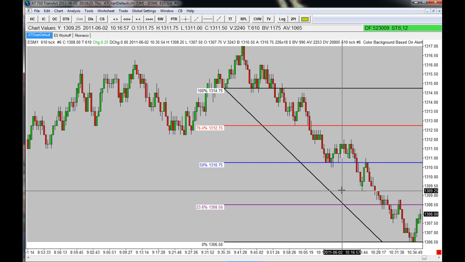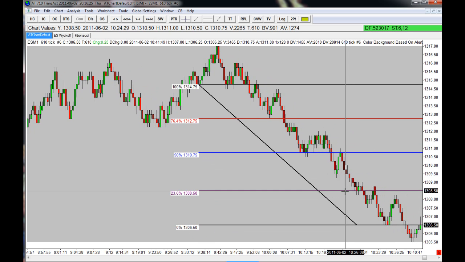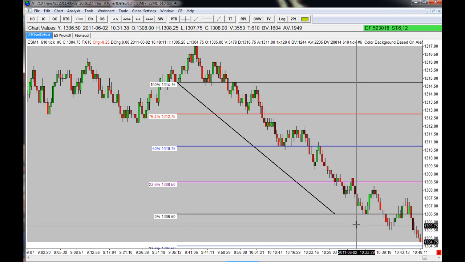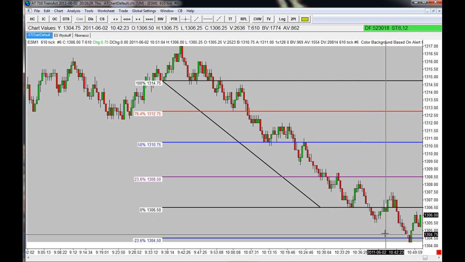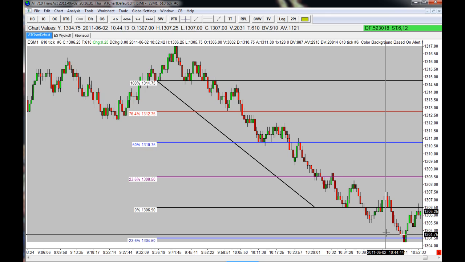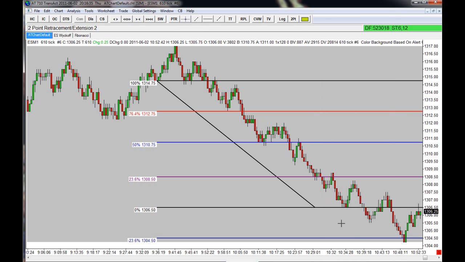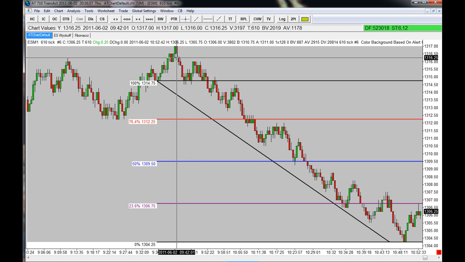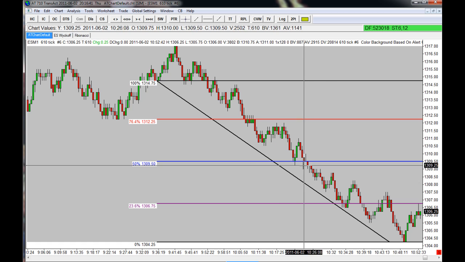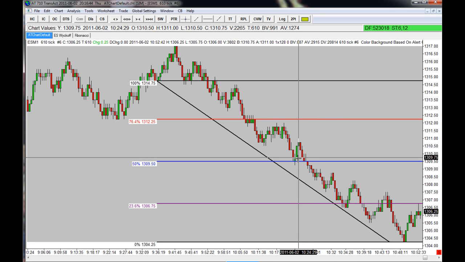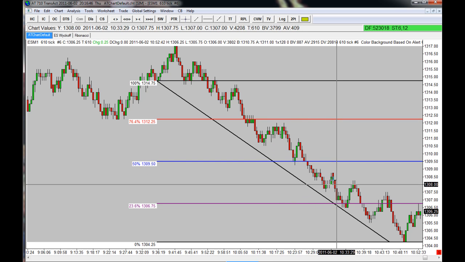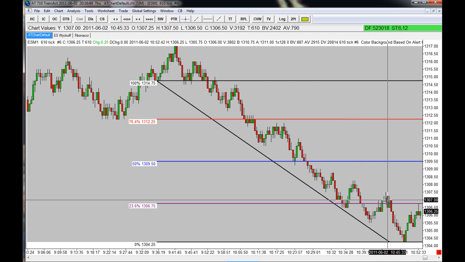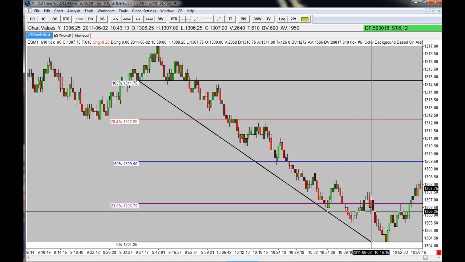So I would not be looking to trade this fib. Price continued to fall, negative 23, then back here. As you can see, from here to here, price just fell without any major retracements. The retracements were short, so price was really weak.